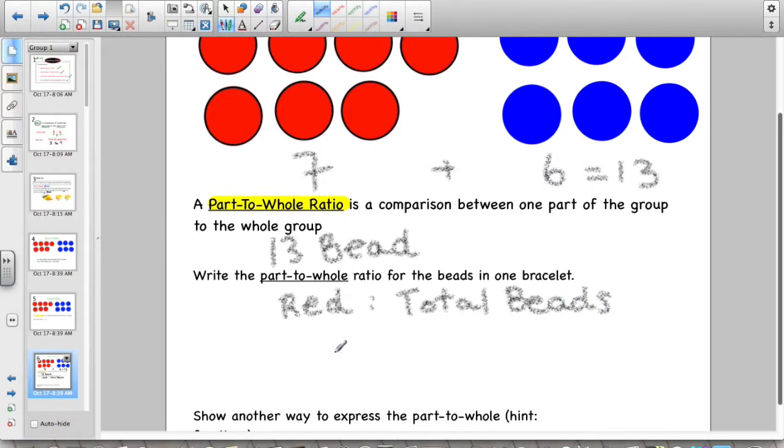So you see here that I have 7 red beads, and I have a total of 13 beads altogether. So the ratio of red beads to total beads is 7 to 13, and I can also say that I have 7 red beads for every 13 beads that I have.